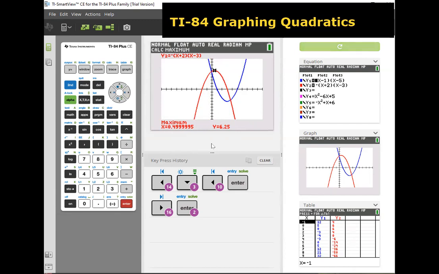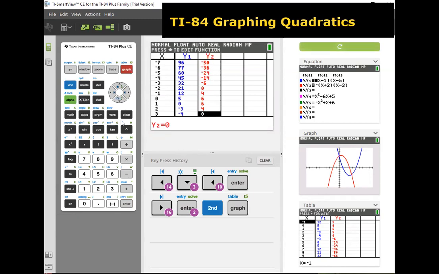What we can do is go to the table, and for the blue graph, the minimum is here at 3, -4. And if you remember how to graph a 7-point parabola, if you do 3 points before, we get 5, 0, and -3 for our outputs.